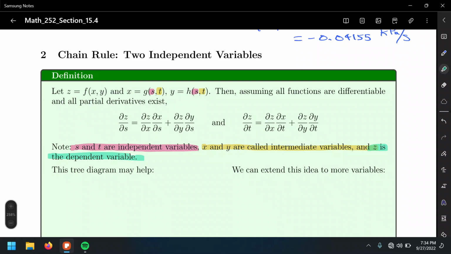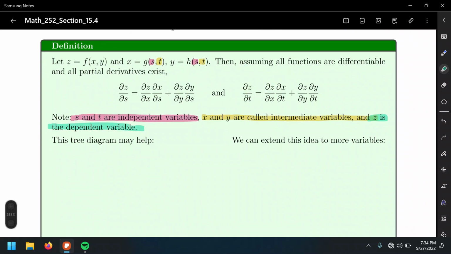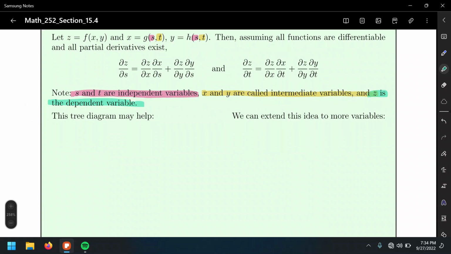Well, to have a better visual of what we're going to do here, I think a tree diagram is going to help us. So, for example, we're going to start with a function z. This function z depends on two intermediate variables.